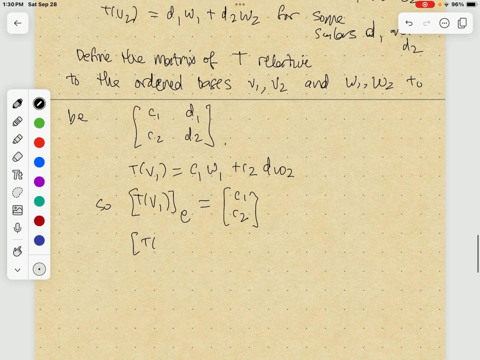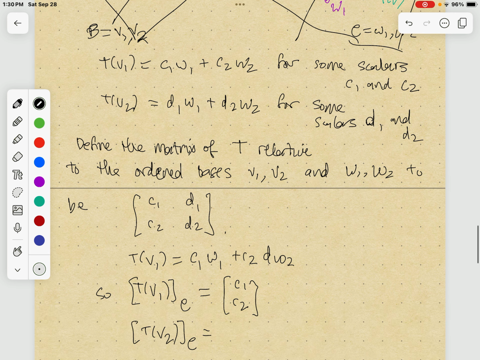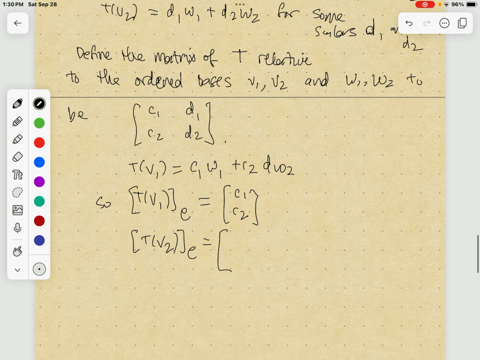And similarly, the coordinate vector of T of V2 relative to the basis C, so C is my ordered basis W1, W2, and B is my basis V1, V2, the coordinate vector of T of V2 relative to the basis C is D1, D2. And so that's how I'm making my matrix.